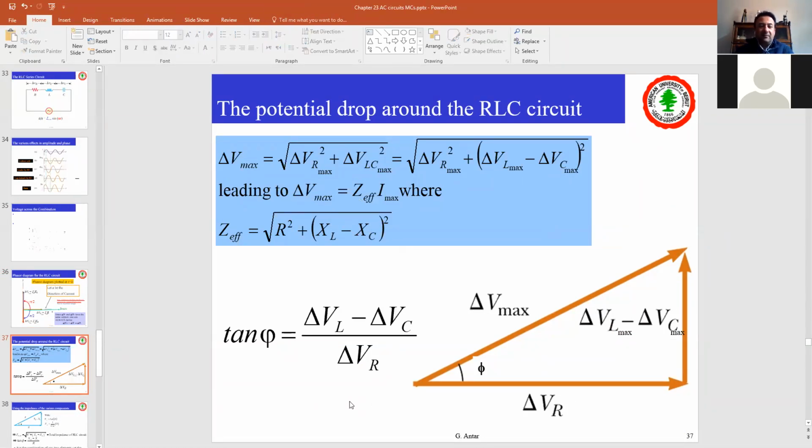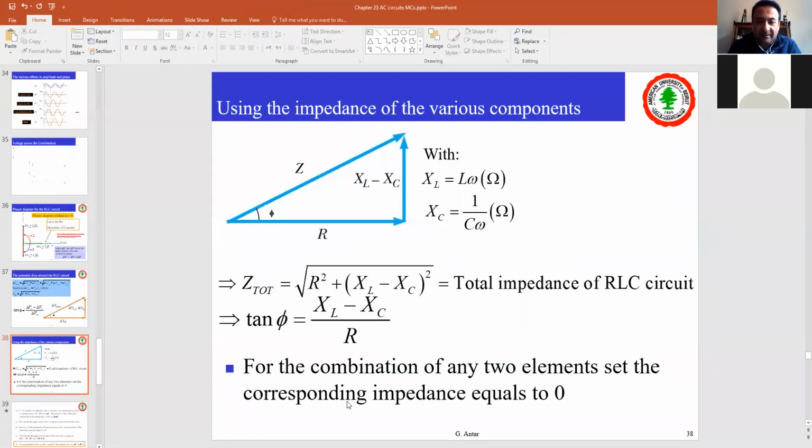Okay, so the final result is that I have the impedance of my circuit, Z total, equal to the square root of R squared plus (XL minus XC) squared, and I'm going to have the phase, which involves XL minus XC.